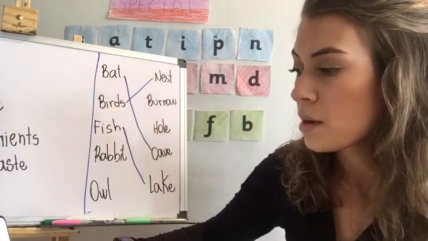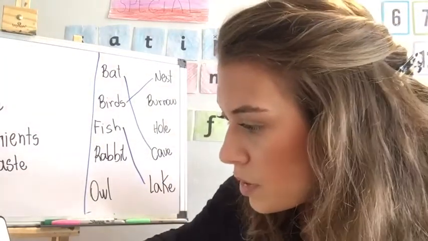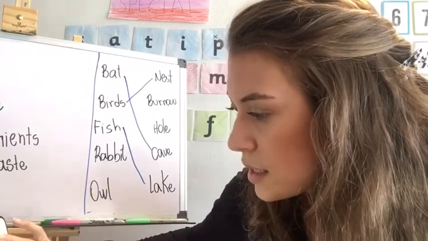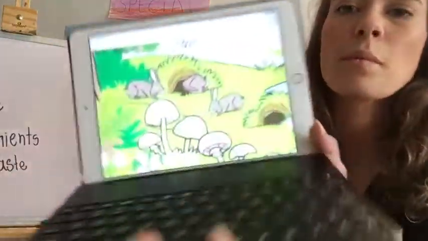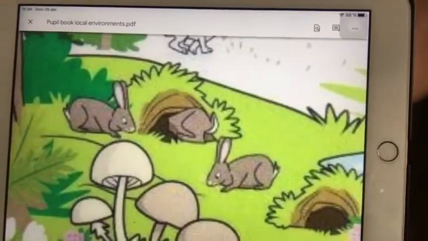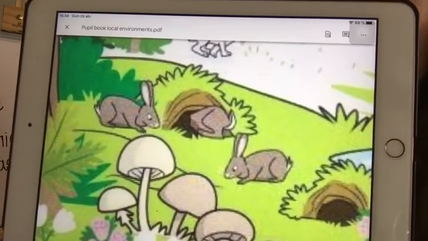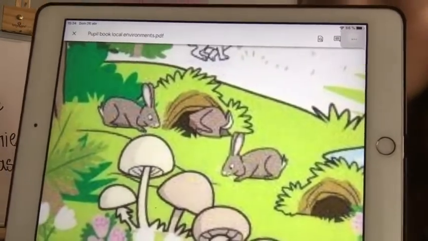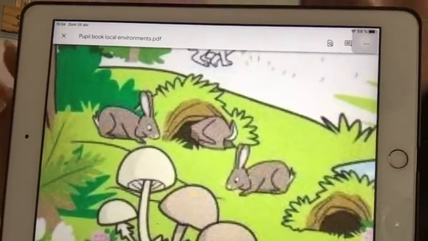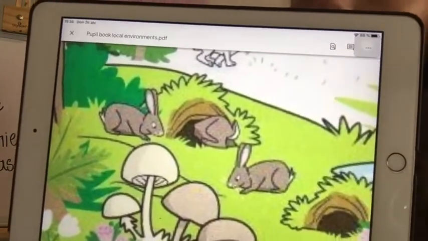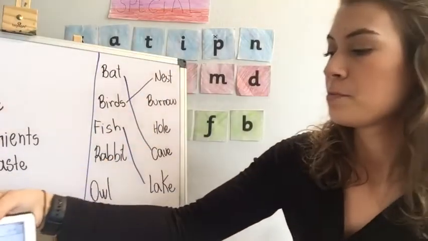And the rabbit. What do you think about the rabbit? Let me just pick up the picture here. Yes, here we go. What you can see here. The rabbits. Where do the rabbits live?